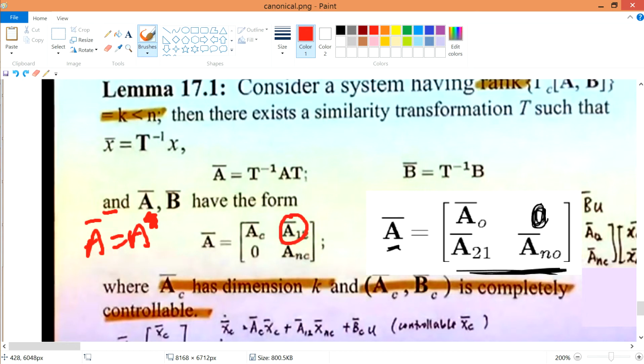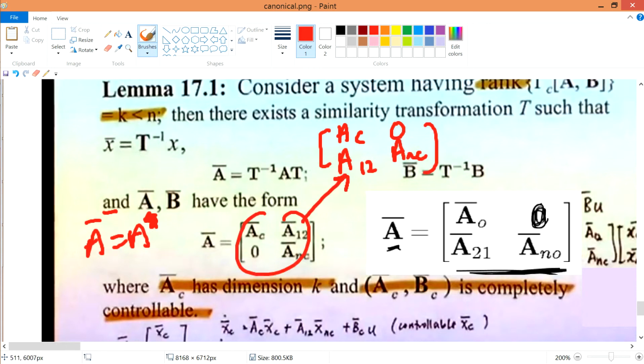Instead of this thing over here, you transpose, and you're going to have A_C, A21, or you can say it's A12, 0 and A_NC. So you transpose this one into this, and because we are now dealing with observability, not controllability, therefore I switch it to O. This is O over here. So this thing has become this thing over here.